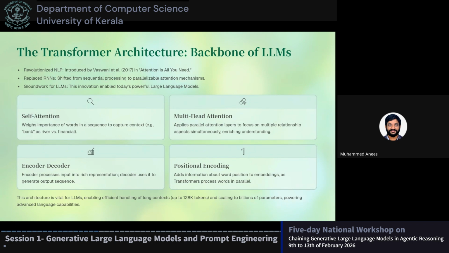Then the transformer came, and it has many components, but one of the most important, the heart of the transformer, is self attention. We also have multi-head attention, it is basically an encoder decoder architecture, and we have positional encoding also. We will see what these things are.